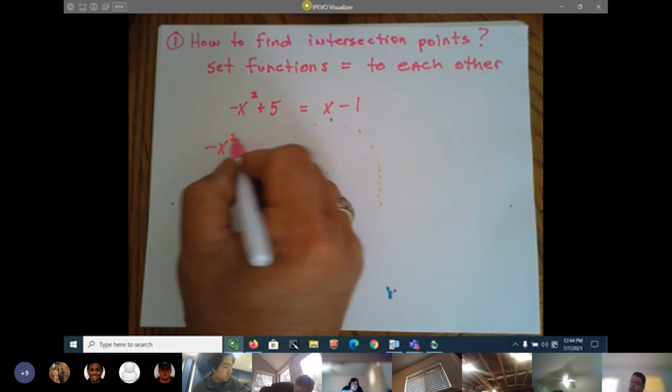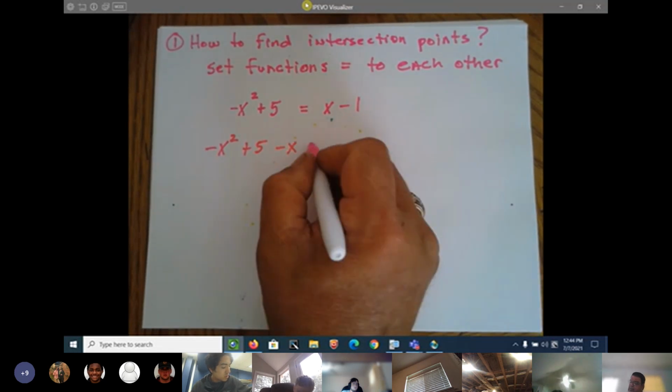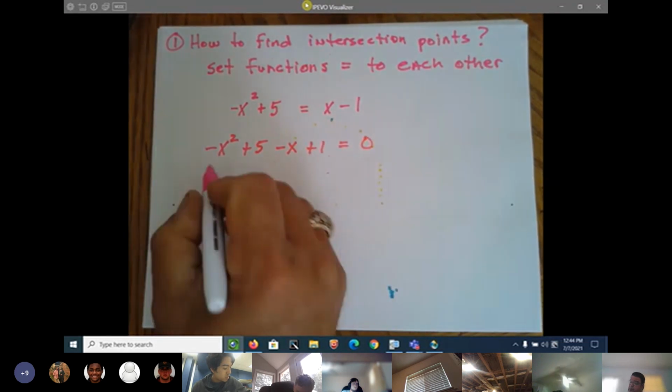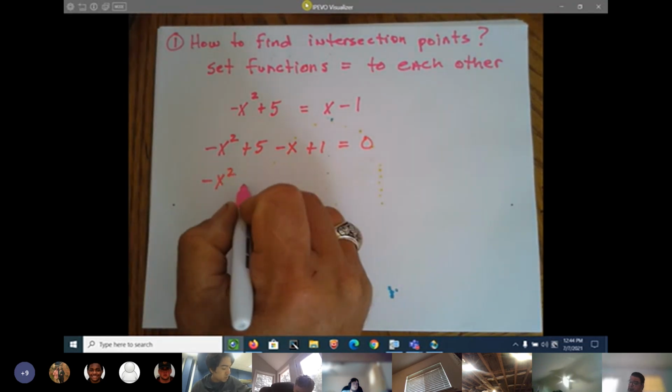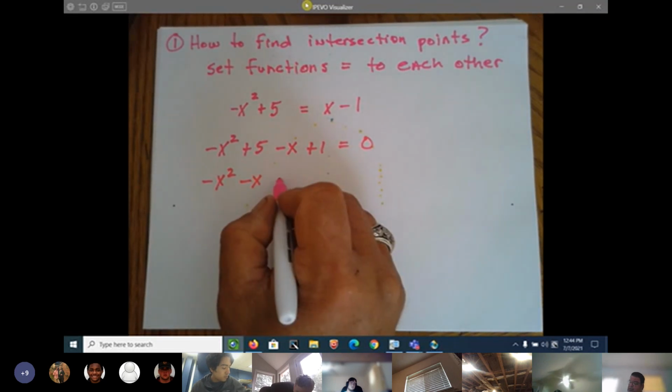Negative x squared plus 5 minus x plus 1. Negative x squared minus x plus what? 6?